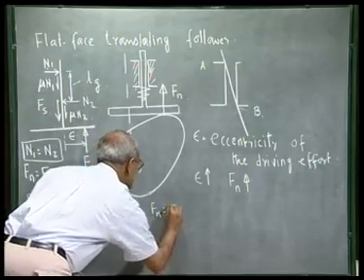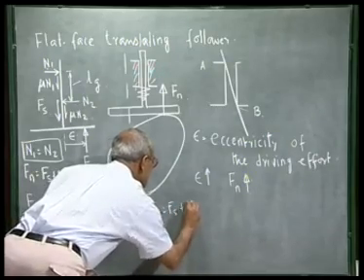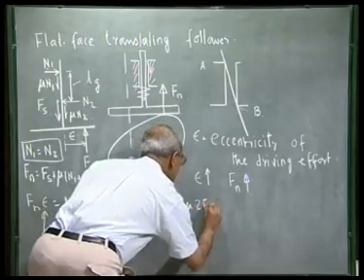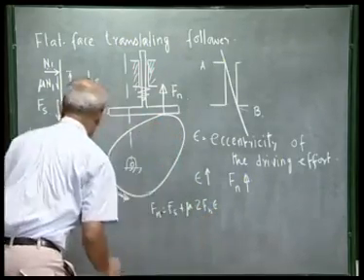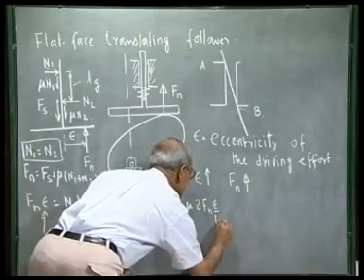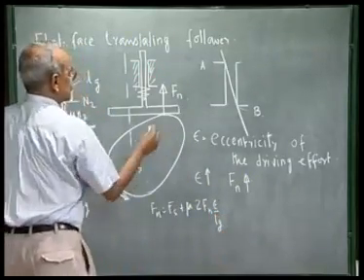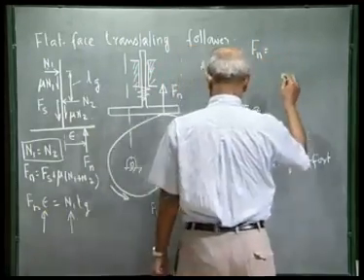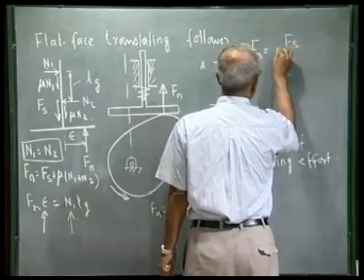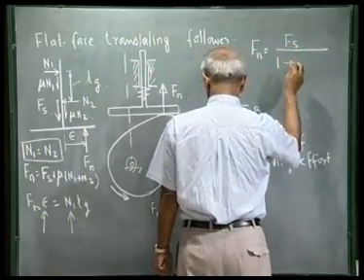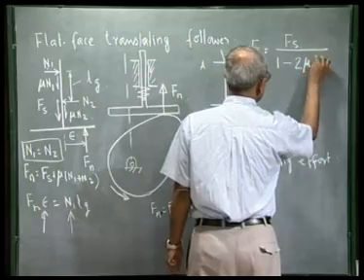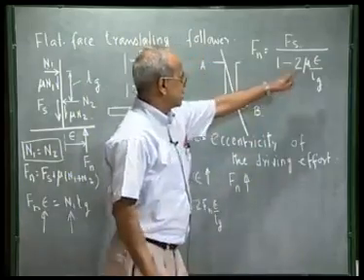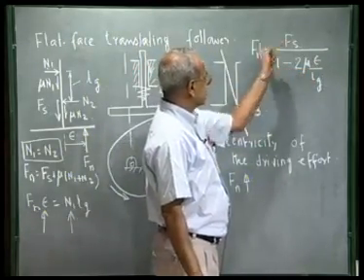Fn is Fs plus mu times 2 N1, which is 2 Fn epsilon by Lg. So Fn is Fs by (1 minus 2 mu epsilon by Lg). If epsilon increases, then the denominator decreases, so Fn increases.